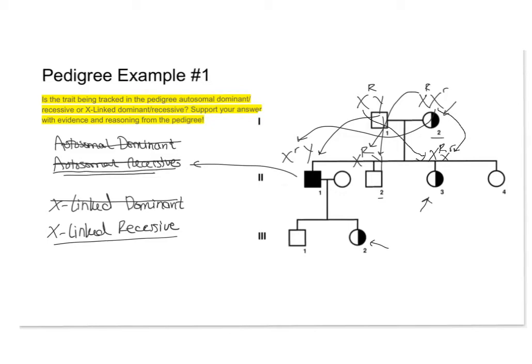And then lastly, we have this daughter right here who was guaranteed to receive the dominant allele from the father and must have received another dominant allele from the mother because she's not indicated as a carrier. So, based on the information that's provided in the pedigree, this most likely is an X-linked recessive trait, and we've eliminated the other possible options as well.